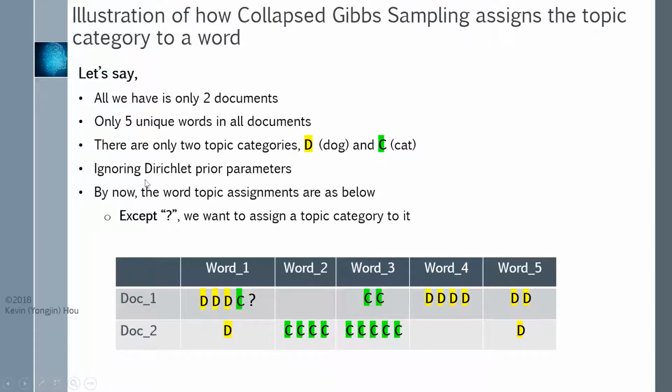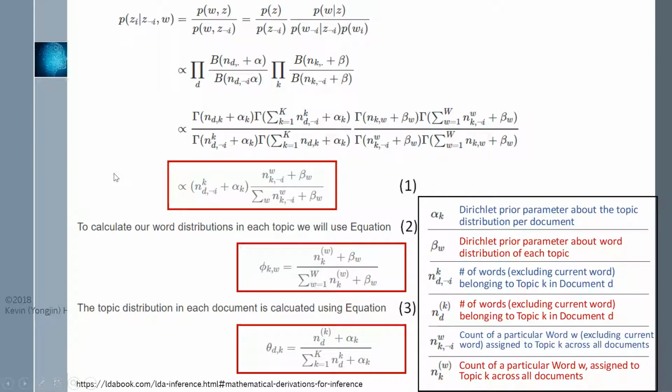And again, we're ignoring the alpha and beta, as we have seen on the previous page, so that the math will be a little bit simpler. Everything left is kind of word counts, in a sense, without alpha and beta in the picture. So basically we're using this formula for the example, but we're assuming alpha and beta are both 0, just to make the calculation a little simpler.